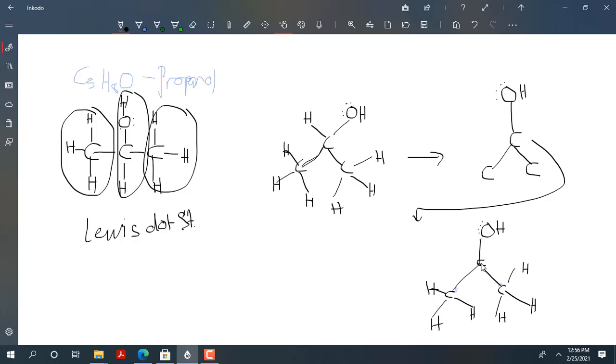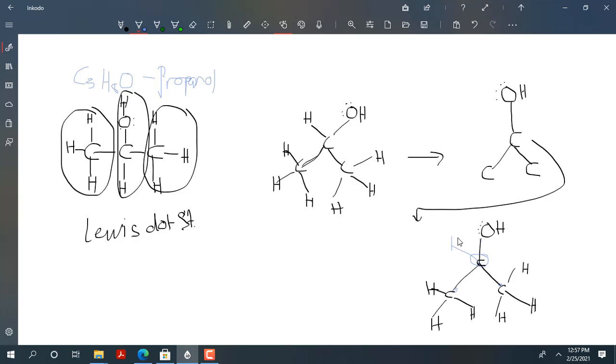Here, if I expand that, if I highlight this carbon at the center, its valence electrons are already shared by the 2 carbons and oxygen. So I have one hydrogen here.